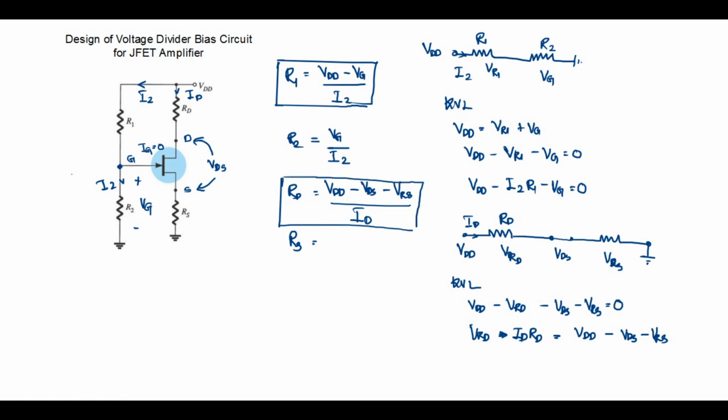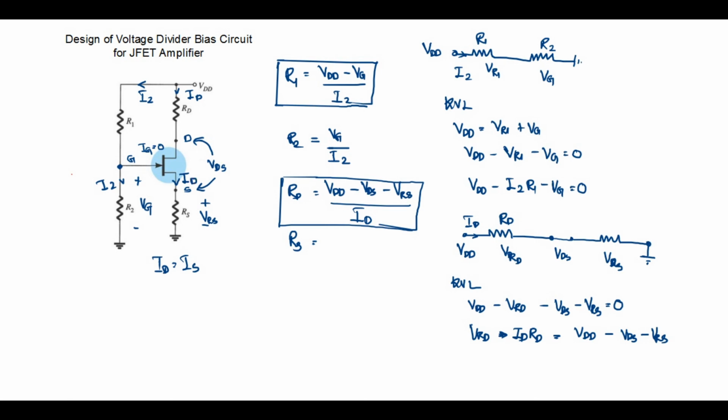Now we need only RS. We need to find RS from this circuit. We know the voltage across these terminals that I have mentioned here. This is VRS. Because we have another constraint here, that ID is equal to IS, the current flowing through this terminal is also ID.